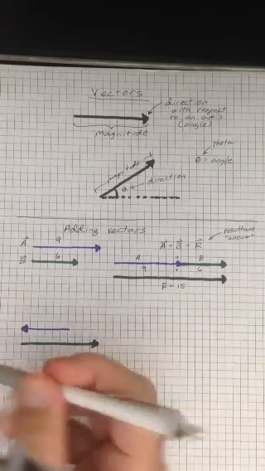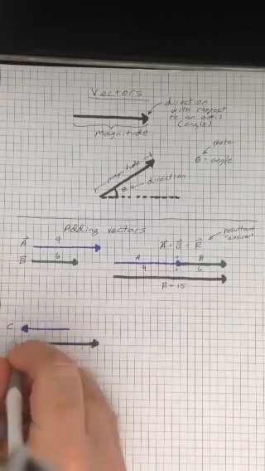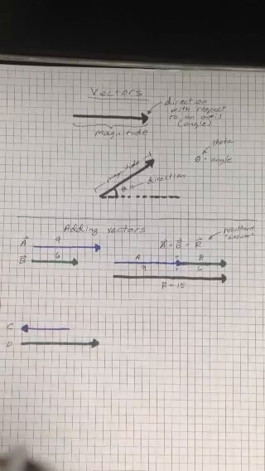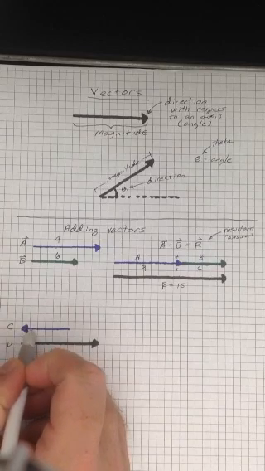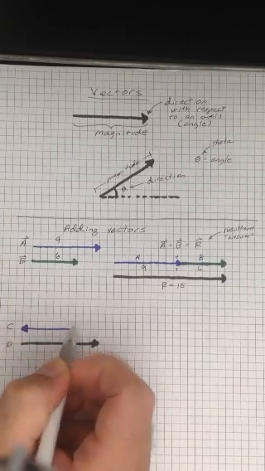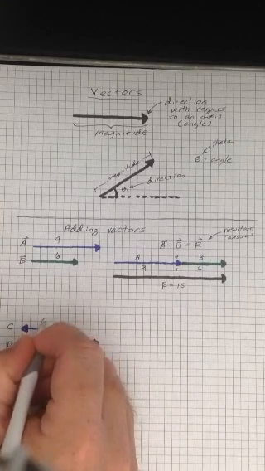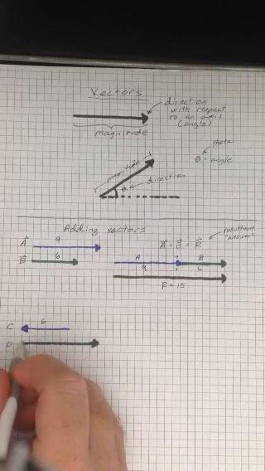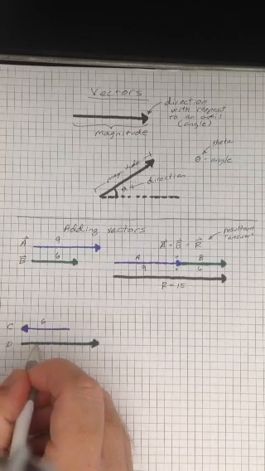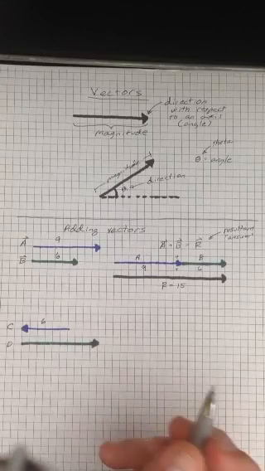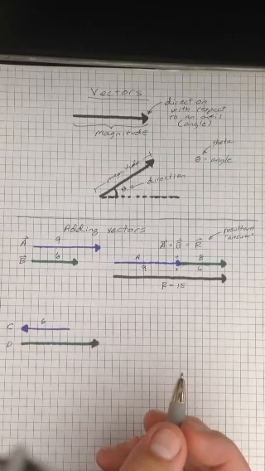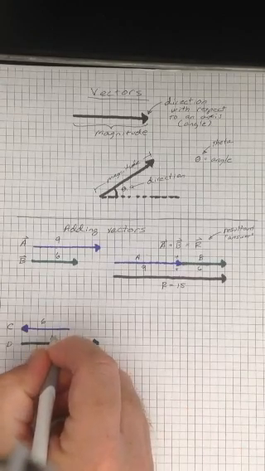So here's vector C, and here's vector D. Vector C here is 1, 2, 3, 4, 5, 6 characters long, and vector D here is 1, 2, 3, 4, 5, 6, 7, 8, 9, 10 long. So there's 10.